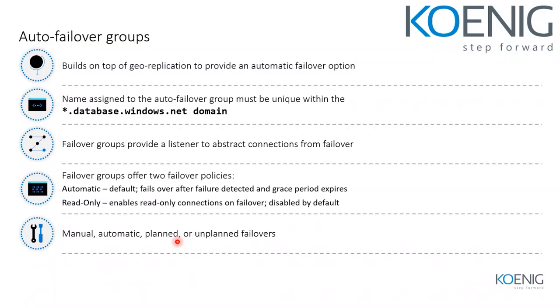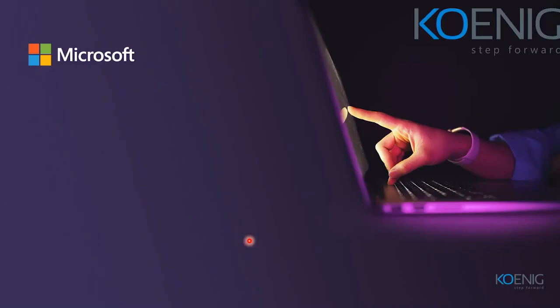Unplanned, as I mentioned already, is when some technical disaster or problem occurs, like power failure or data center failure. So in this situation, it is an unplanned failover. That is what we have in Azure SQL Database and managed instance.